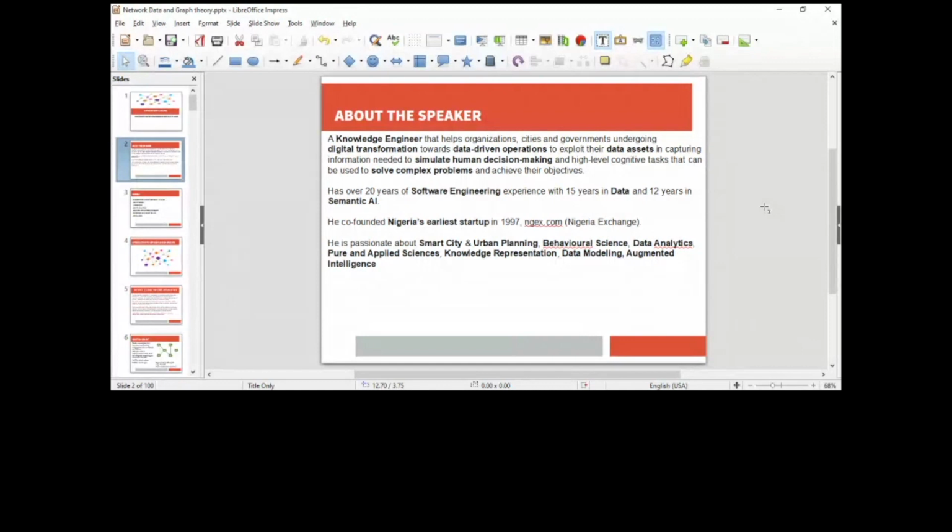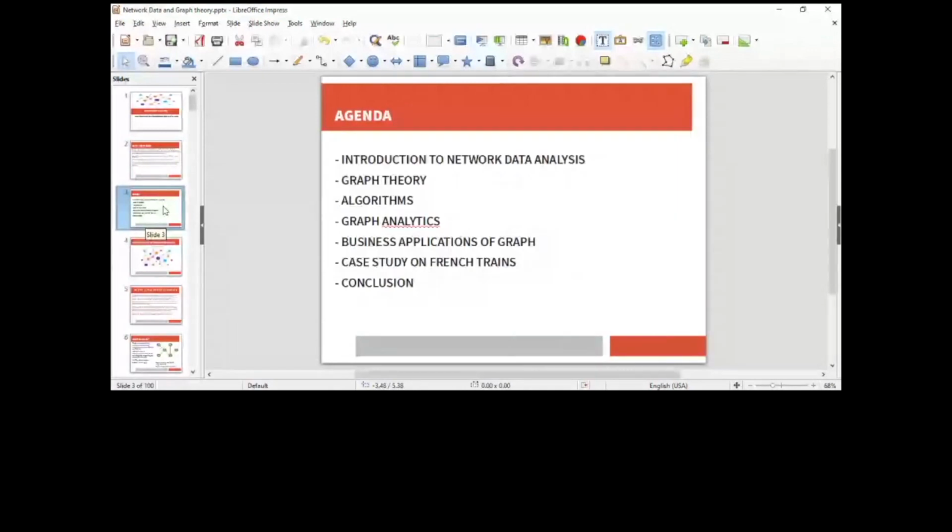I've been doing software engineering for over 20 years, at least 15 years in data and 12 years doing semantic AI. I co-founded Nigeria's earliest startup in 1997, and I'm passionate about smart city, urban planning, behavioral science, data analytics, pure and applied sciences, knowledge representation, data modeling, and augmented intelligence. All these things have to do with data, in the application of data.